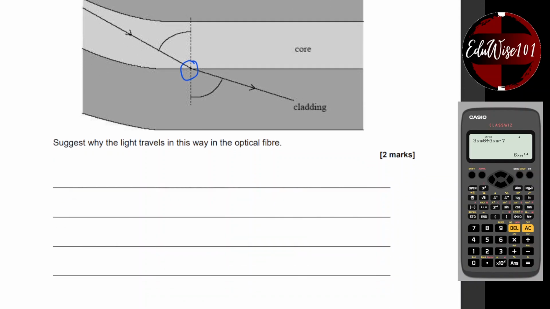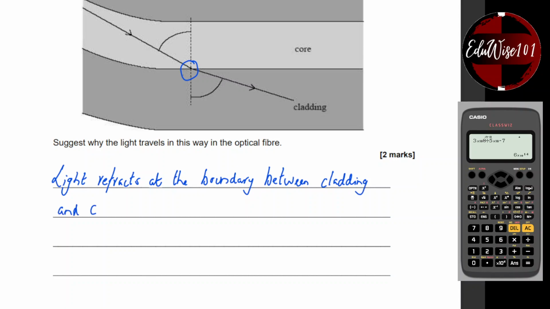So light refracts at the boundary between core and cladding. Why is this happening?